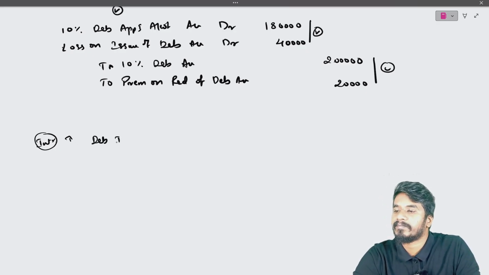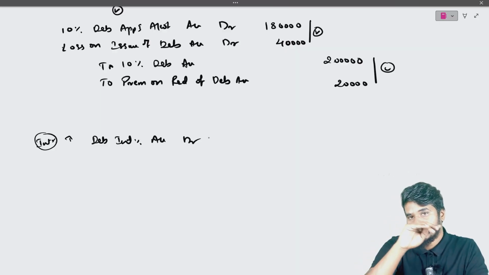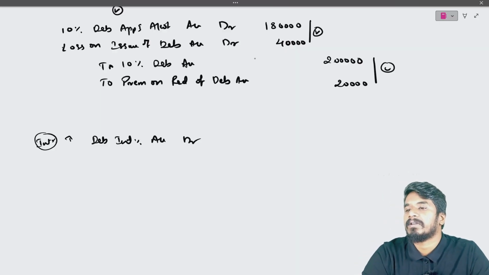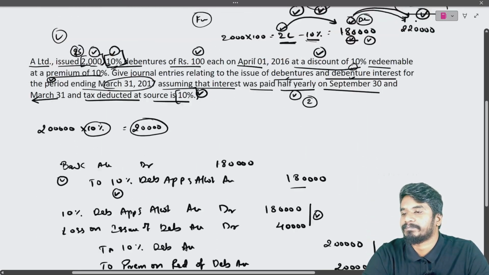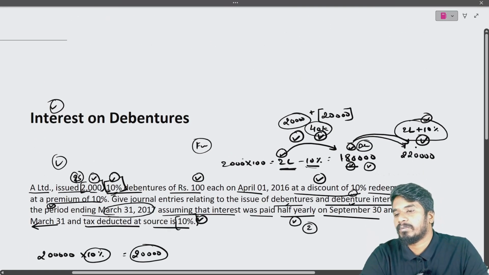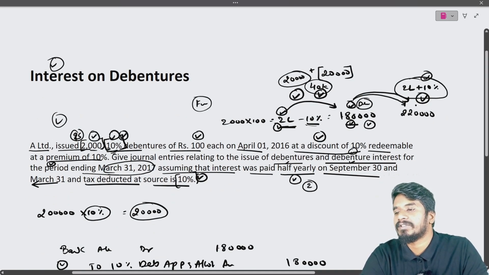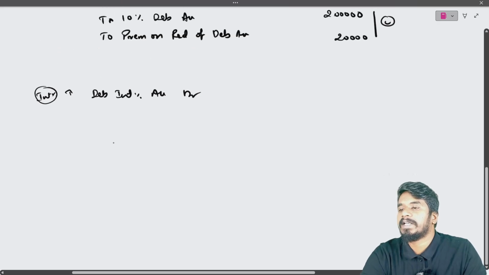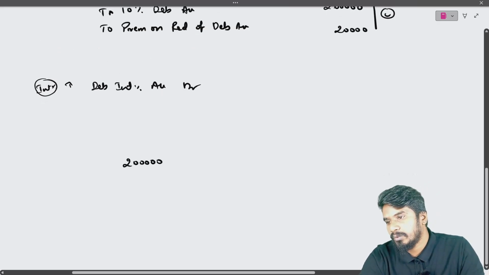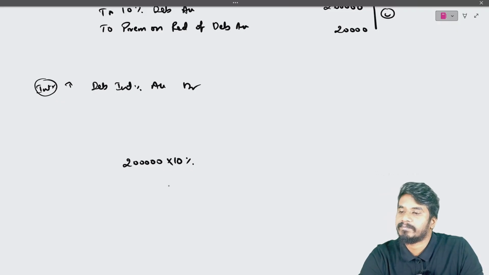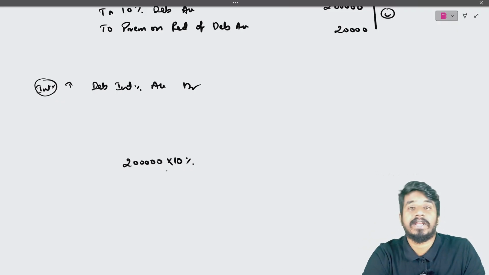So debenture interest account will get debited. How much is the interest? 2 lakh rupees into 10% is the debenture interest, which will come out as 20,000.